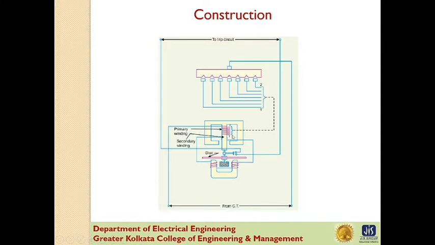The secondary winding is energized by the induction from the primary and is connected in series with the winding on the lower magnet. The controlling torque is provided by a spiral spring.